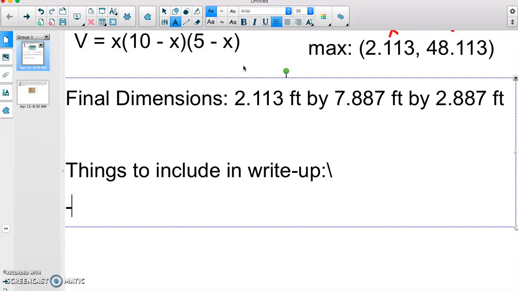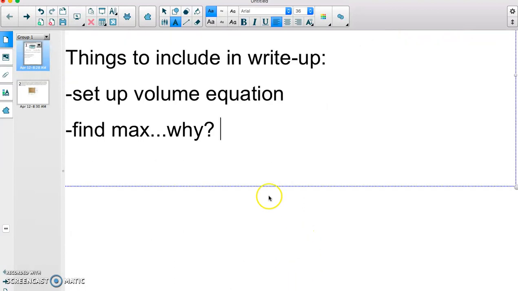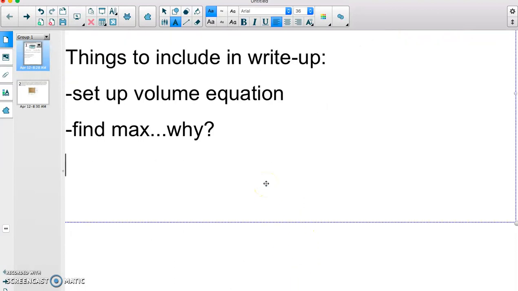The first thing I wanted to do would be to set up my volume equation, so I definitely need to make sure I talk about that. After I set it up, I found the max. But why? Why did I want to find the max? That's something else you would need to include in your AWP.